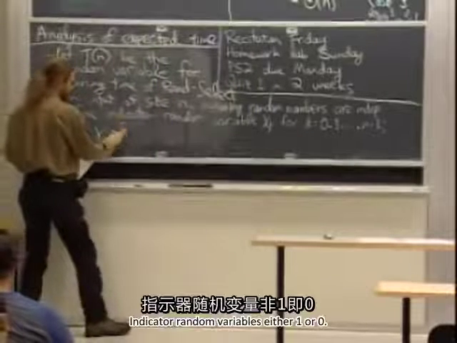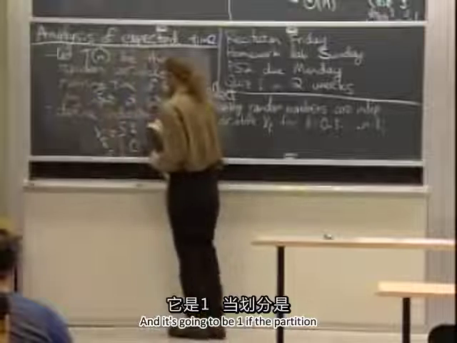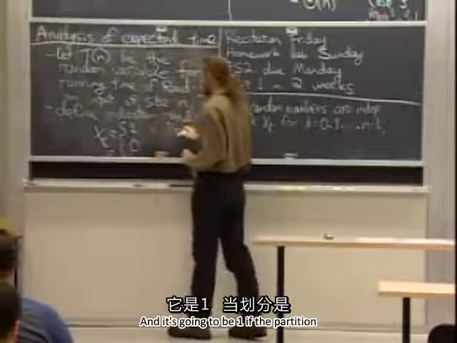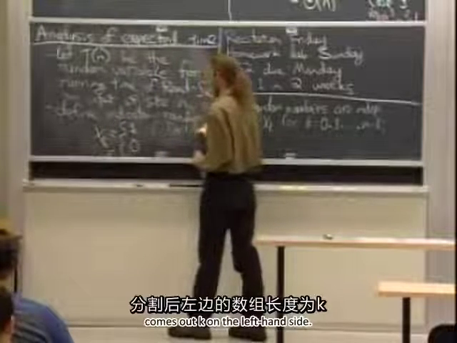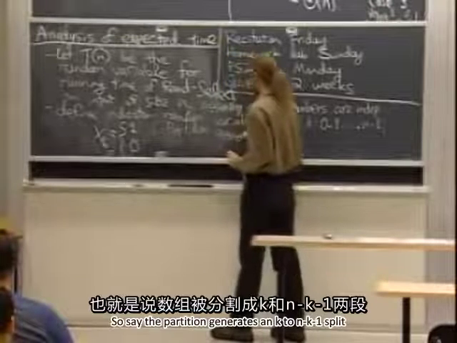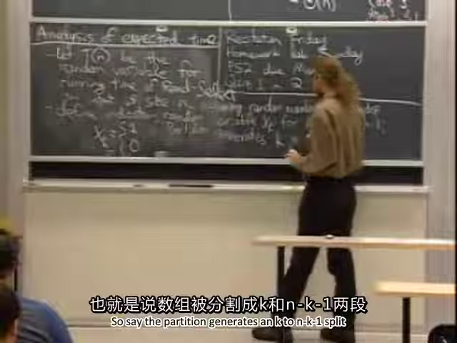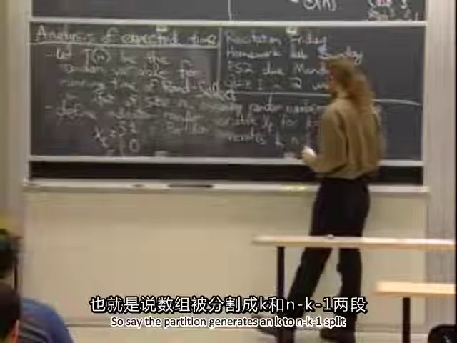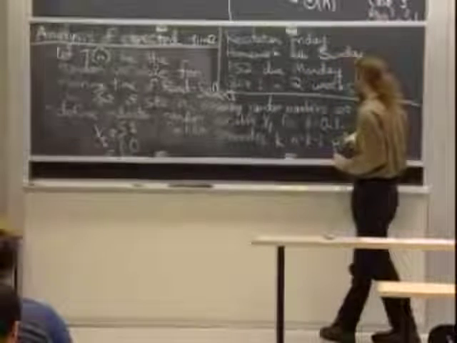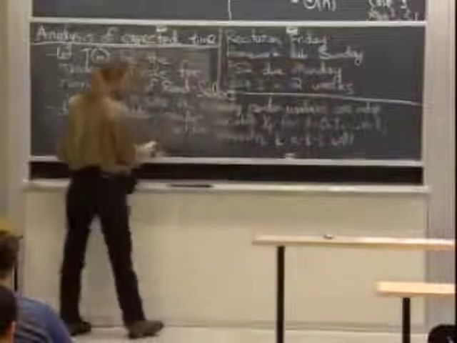An indicator random variable is either 1 or 0. It's going to be 1 if the partition comes out with k on the left-hand side. So say the partition generates a k to n minus k minus 1 split. And it's 0 otherwise.